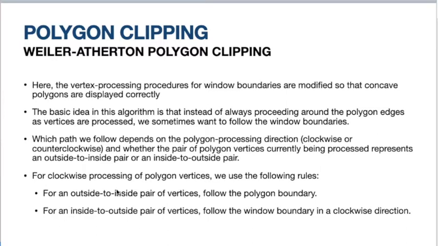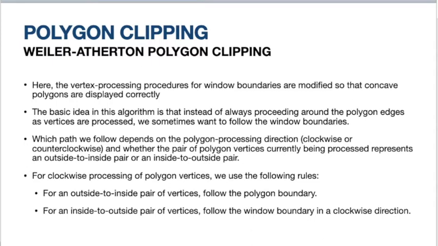In Sutherland-Hodgman polygon clipping, you take each edge of the polygon and follow the polygon edges for processing. But in Weiler-Atherton polygon clipping, you follow the polygon edges and sometimes you follow the window boundaries also.